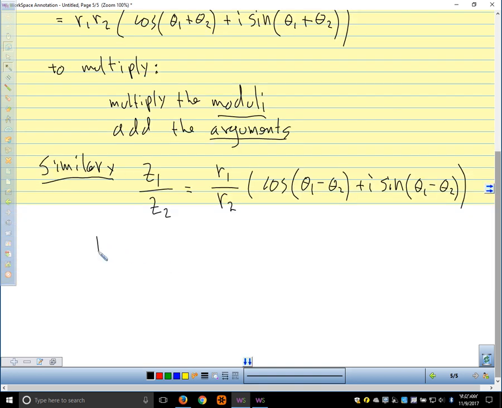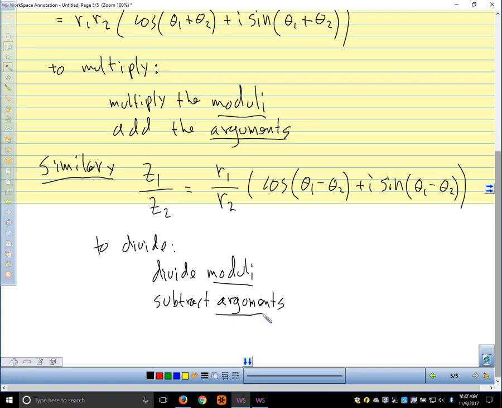To divide, we divide the moduli and subtract the arguments. So division in the complex plane has to do with subtracting rotations.